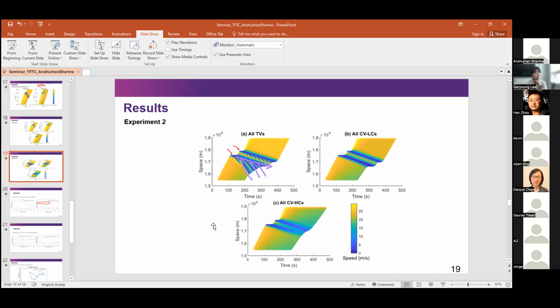But here I don't understand why you see a lot of green at lower speed. They don't recover. Where? Here, maybe I should change to another color. Here, after the disturbance, it seems that they do not recover to the free flow condition. They take longer maybe to recover, right?